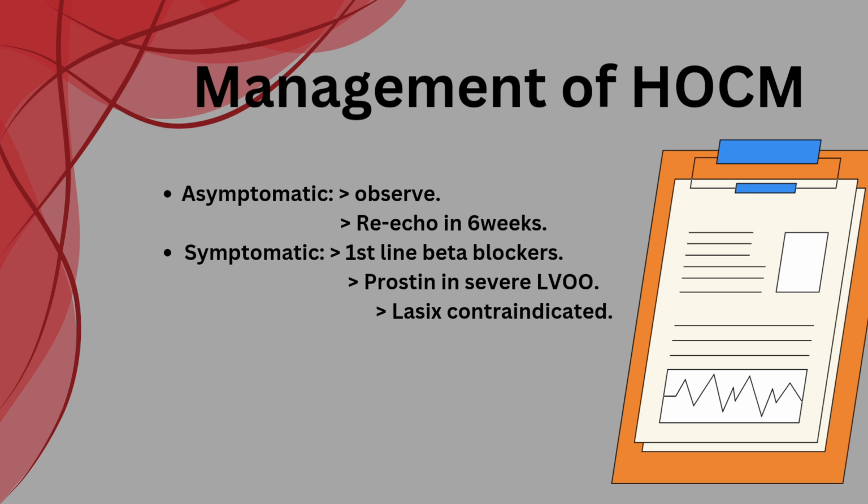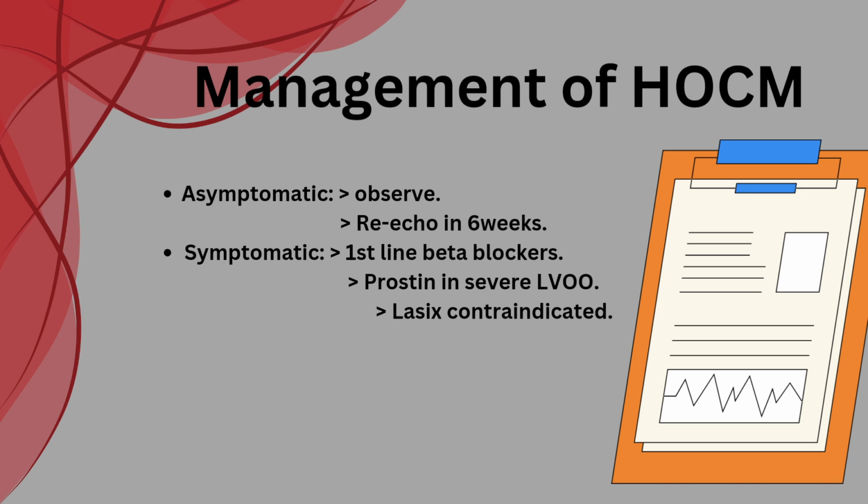The minute your radius increases, your pressure will decrease. That's what we're trying to create here. So beta blockers are the mainstay of treatment, because as the pressure decreases in the left ventricle, the back pressure will eventually decrease, and therefore the effects that back pressure has caused will also eventually disappear.